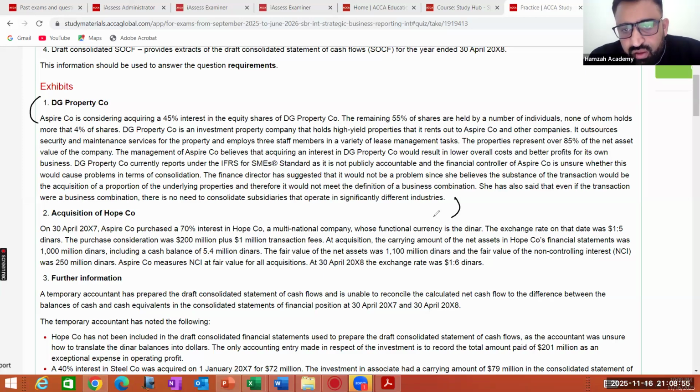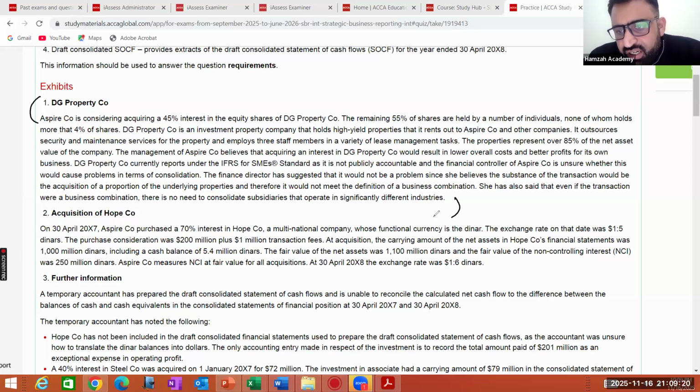So according to one of the managers, it is not a business. When they are saying we didn't acquire the DJ business, we acquired the properties. In her opinion, if it is not a business, there will be no business combination.